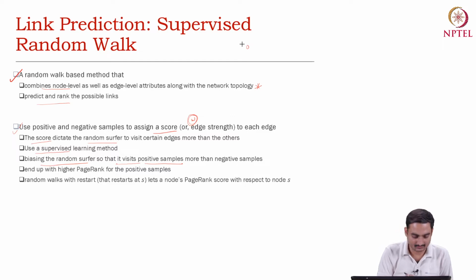We bias the random walk to move to the positive nodes more often than the negative nodes. Over the iterations we follow a PageRank kind of process, and we get a stationary distribution, which helps identify nodes that are highly likely to be connected.